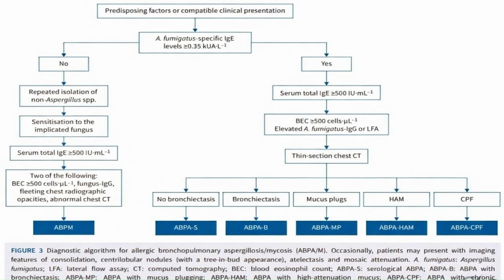In such cases, repeated isolation of non-Aspergillus species from respiratory samples is assessed. If sensitization to the implicated fungus is demonstrated and serum total IgE is at least 500, the diagnosis is further supported by at least 2 additional findings, which may include blood eosinophil count of 500 cells per microliter or more, fungus-specific IgG, fleeting chest radiographic opacities, or abnormal chest CT findings.